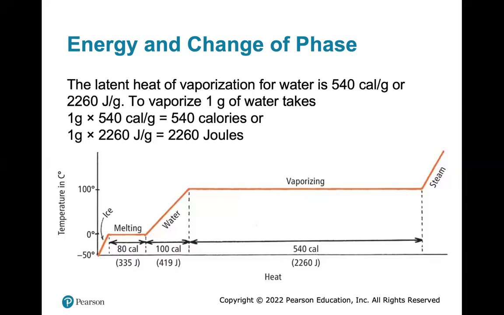So to vaporize 1 gram of water takes 540 calories or 2,260 joules. So if we look from when we were at minus 50 degrees, we had to put in 745 calories of energy or 3,119 joules of energy to go from minus 50 degree temperature ice to steam.